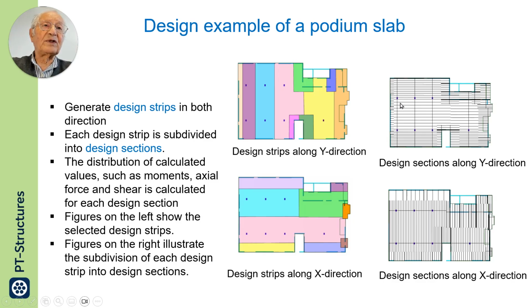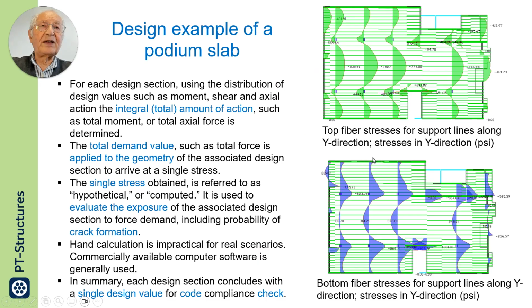We make them into design sections. And then for each of these design sections, we calculate the total demand. For each design section, using the distribution of design values such as moment, shear, and axial action, the integral, the total amount of action, such as total moment, is calculated.